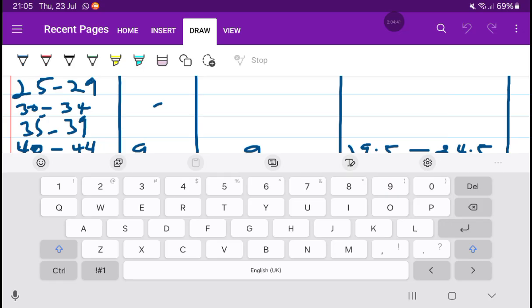Once you have drawn the curve, you get these positions. For the first quartile, you get 1/4 times the frequency. Now the total frequency was 100. 100 divided by 4, you get 25. So you look for 25 on your y-axis. Then you draw a line until it meets the curve.